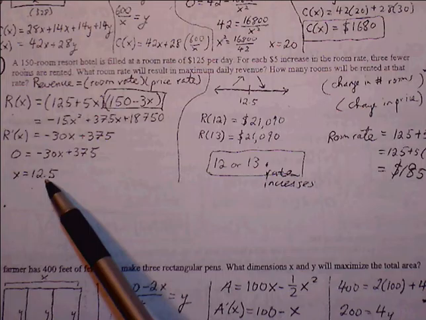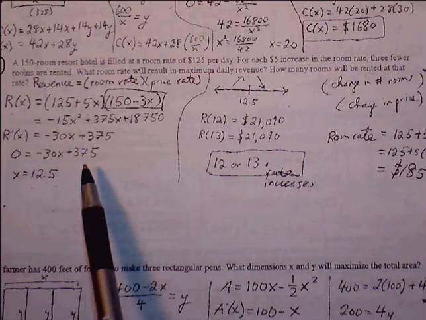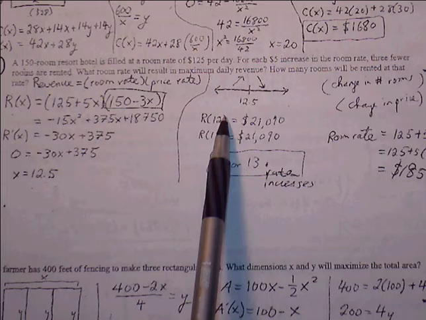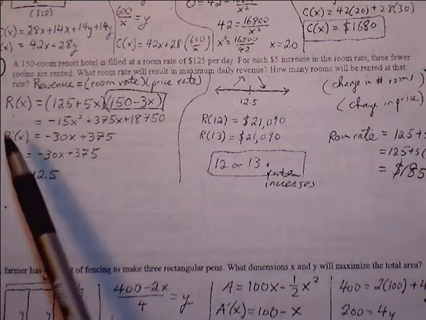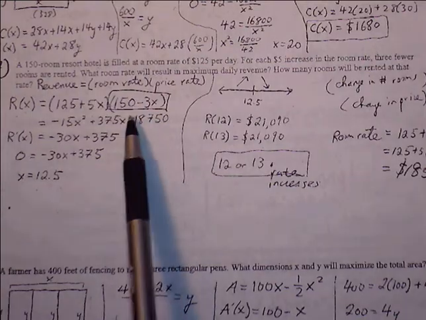So we're going to just pick the closest whole numbers to 12.5, which are 12 and 13. So which will produce the better revenue? Is it going to be at 12 or 13 rate increases? Well, we can test that. We'll just plug 12 into R of x, plug 13 into R of x, and see which one produces the higher revenue.